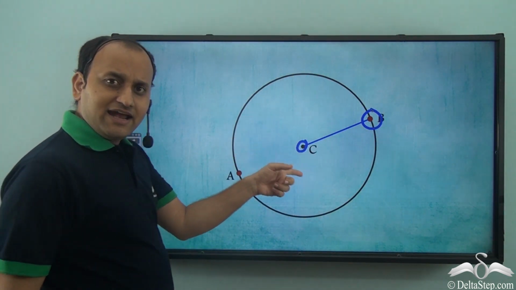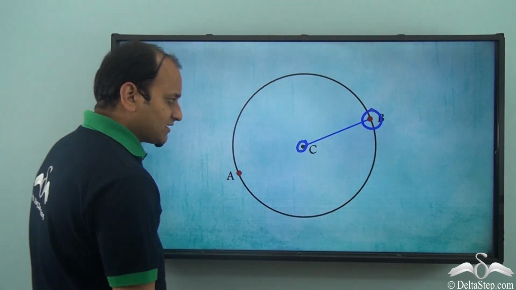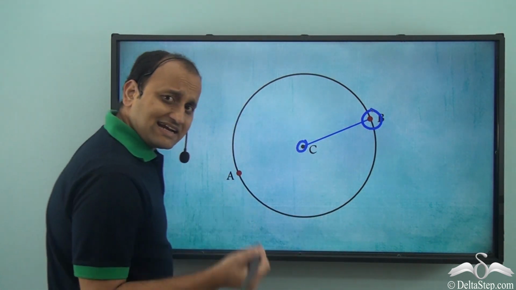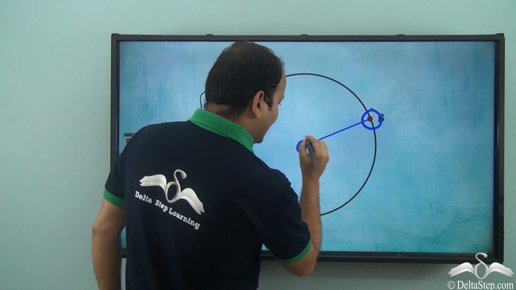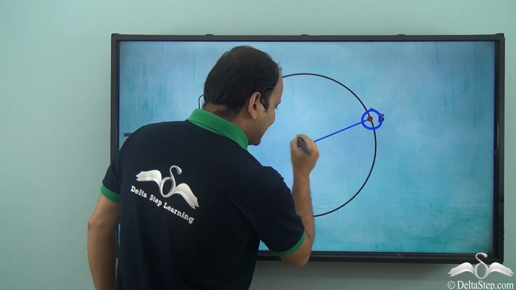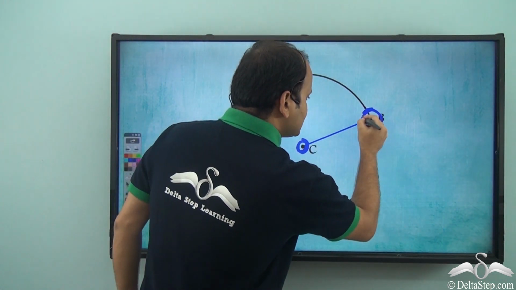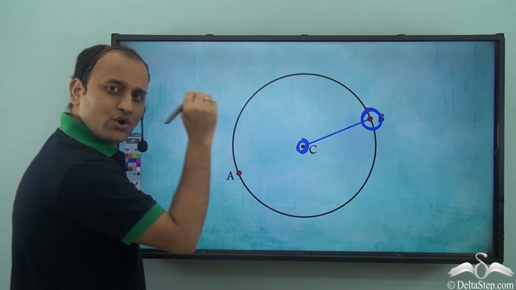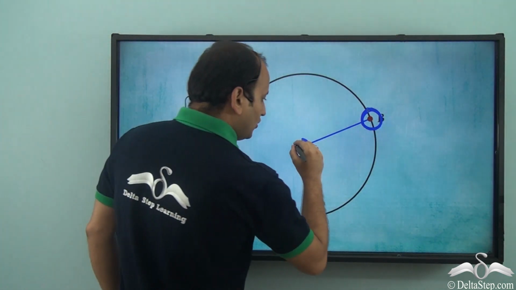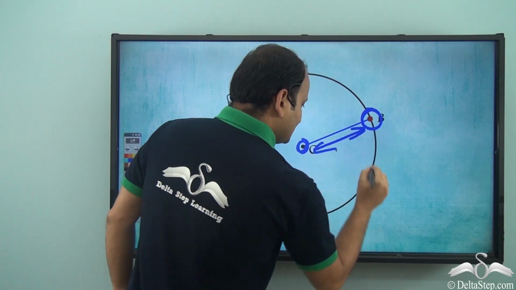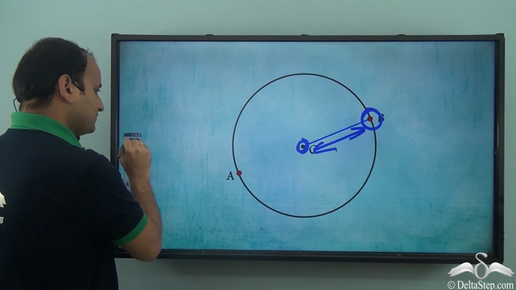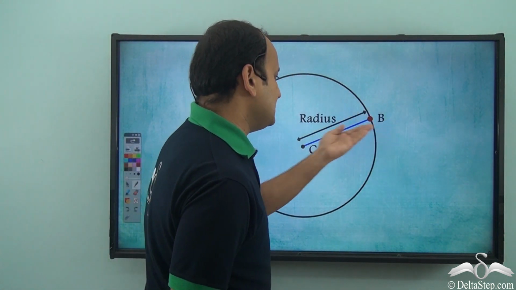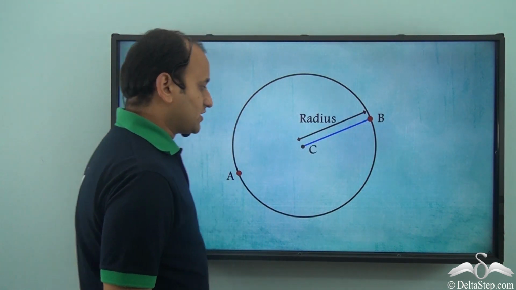Well, we get the radius of the circle, isn't it? Because what exactly is a radius? Well, it's the line joining the center and any point on the edge of the circle. So, this is the radius of the circle. So, we can say that CB is the radius of the circle.